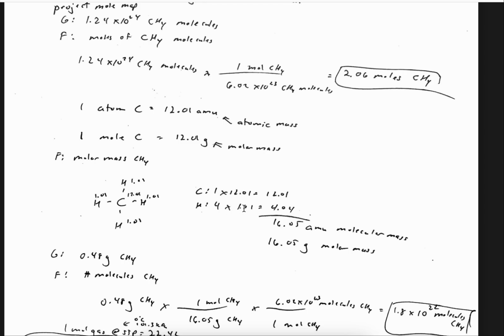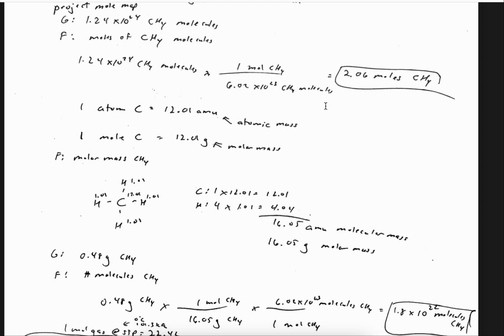So 4 times 1.01 from the periodic table just below H. So all of that adds up to 16.05 AMUs. That's the molecular mass, the mass of a single molecule of methane. And so exact same number, there are 16.05 grams of methane per mole.